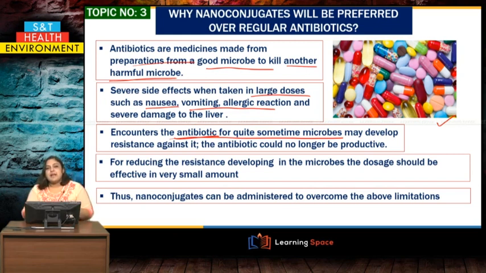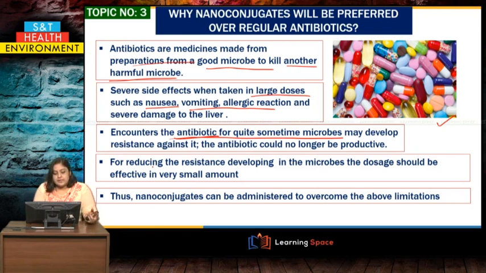So next time the antibiotic comes, they will be resistant to it. This has forced medical science to develop more and more powerful antibiotics, which are more and more harmful for us also. So the main concern now is reduction of this resistance as well as using small quantities of antibiotics, so that it can overcome all these limitations.